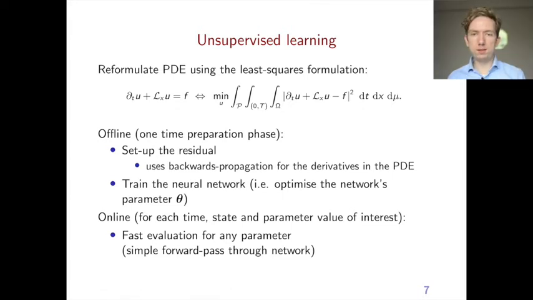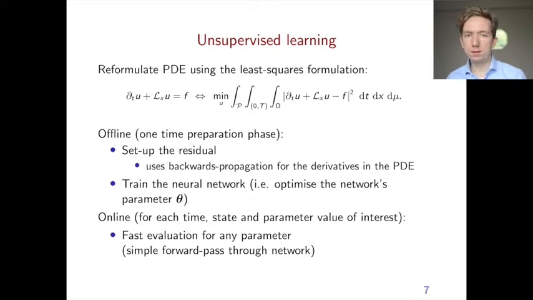Now, to summarize the method, there are two distinct phases: a one-time offline phase and the online phase. In the one-time offline phase, we train the model. This requires us to set up the residual and then to optimize the network parameter theta. Both steps require derivatives of the output with respect to different variables.